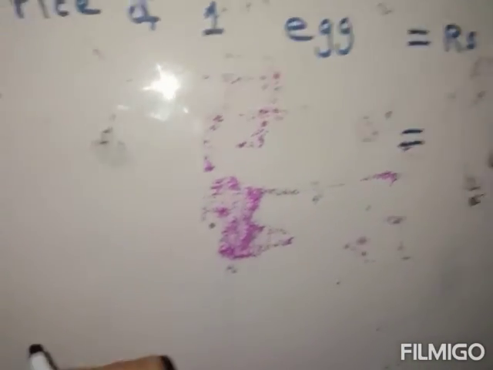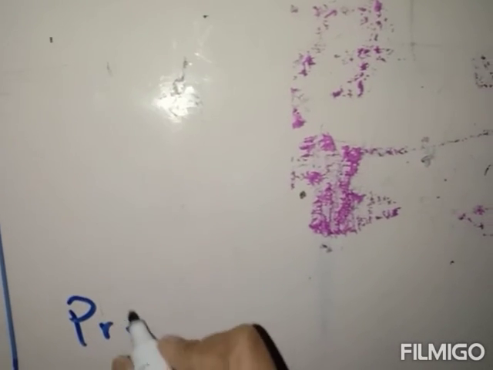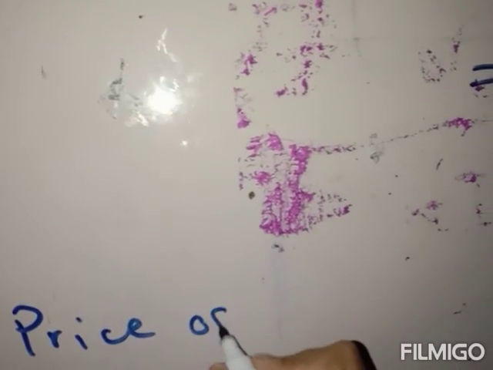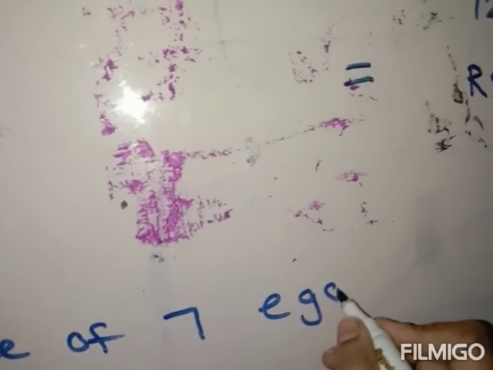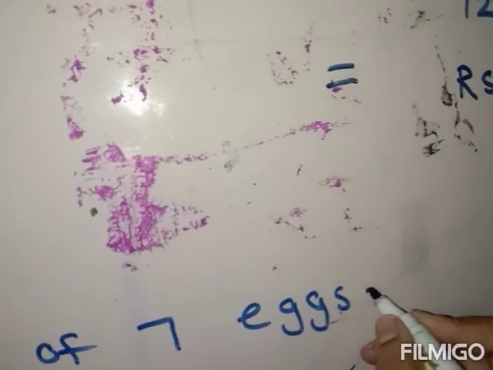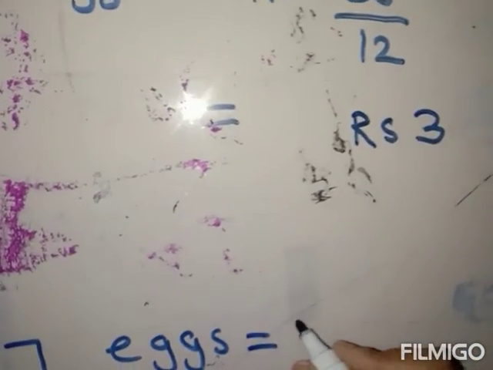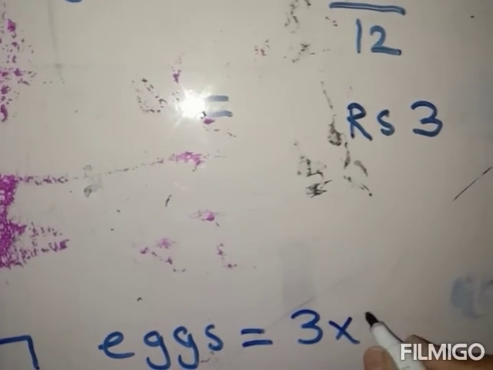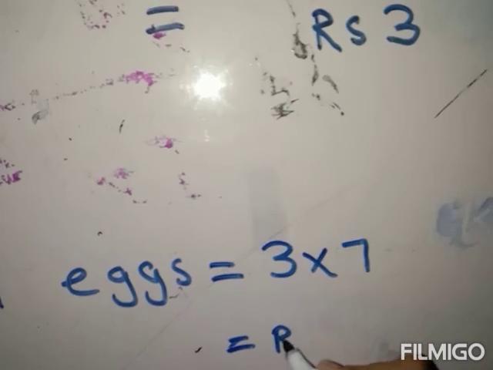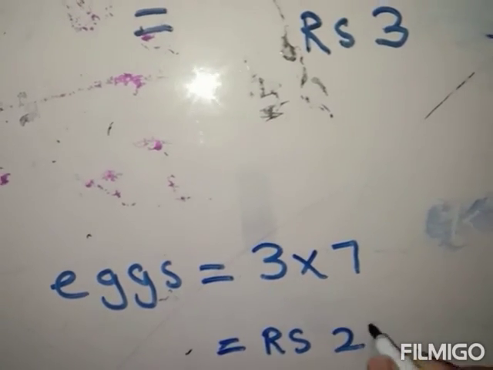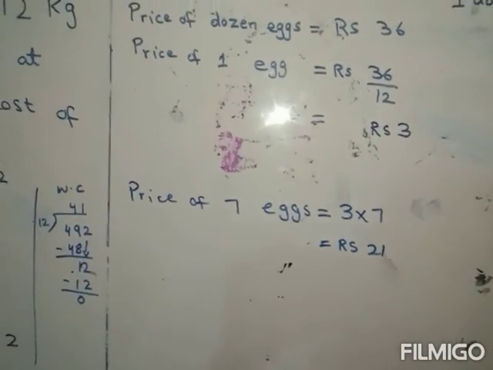So you will write price of 7 eggs is equal to 3 multiplied by 7, which is equal to rupees 21. That's all. 21 is your answer.